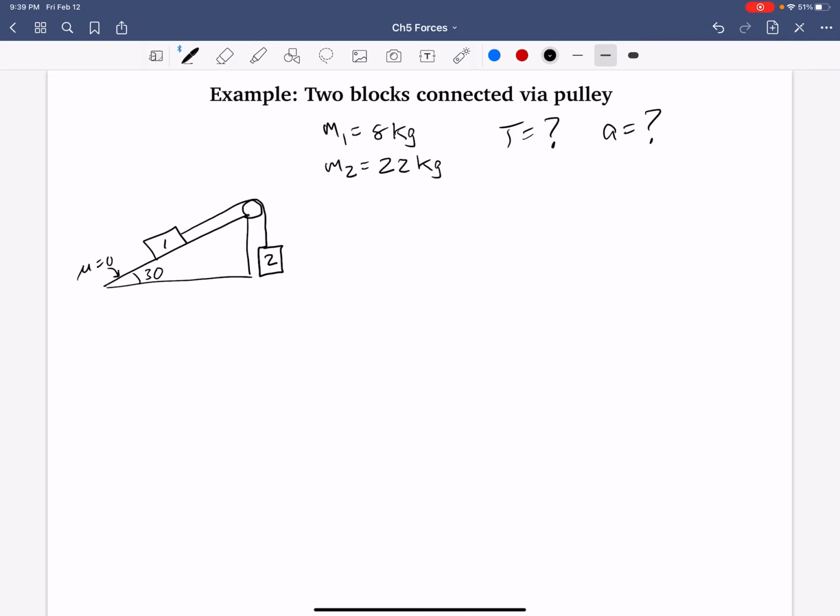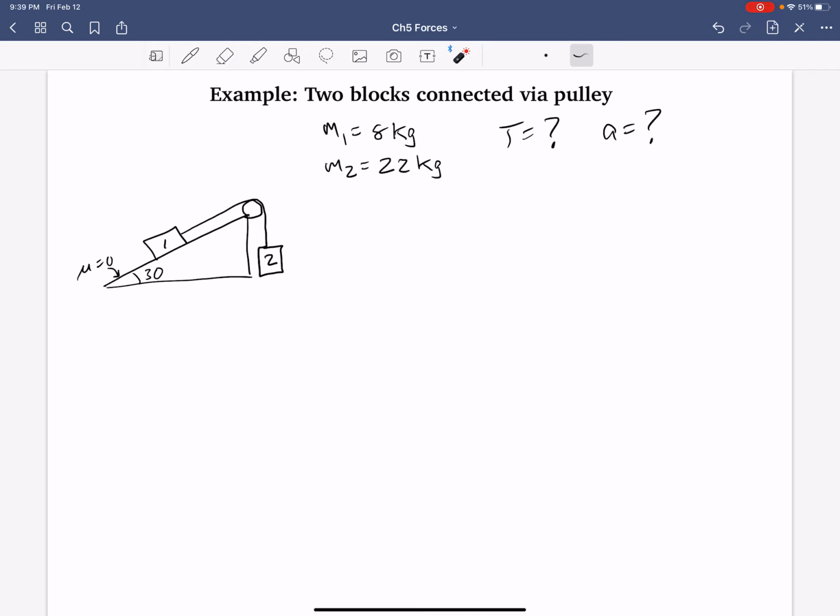That also means that the tension pulling block one up that direction has to be the same as the tension pulling block two up that direction. They have to be the same. Otherwise, if they weren't, that string would stretch. It would change its length as they moved.